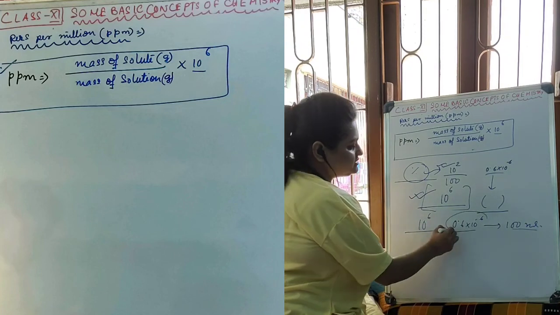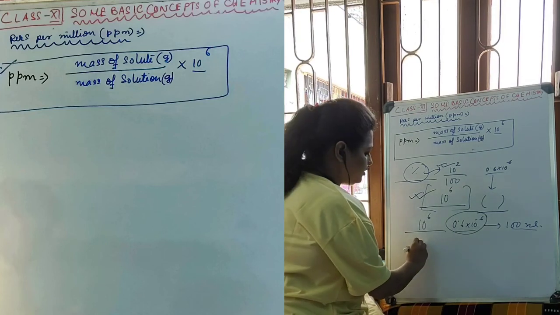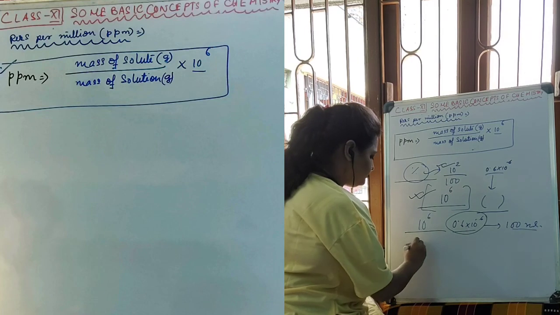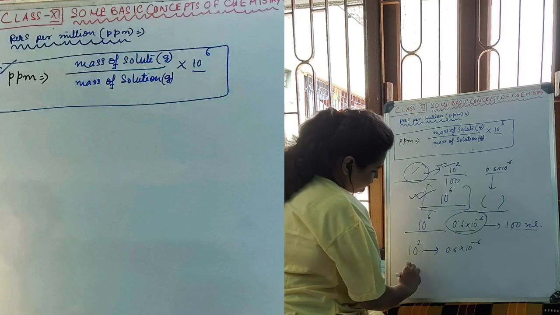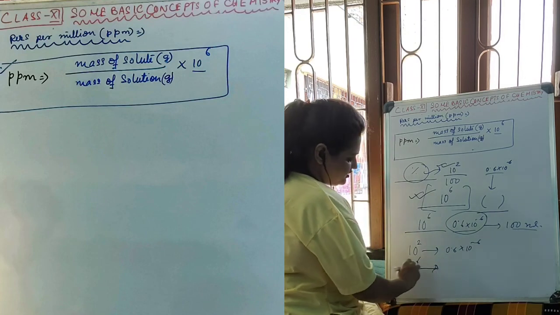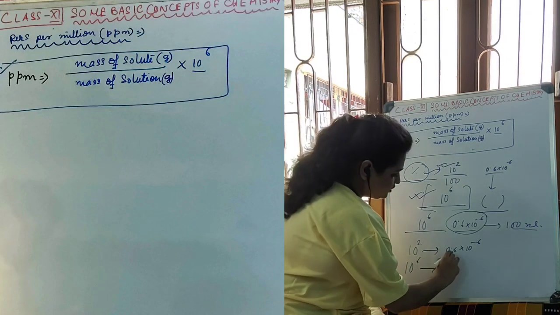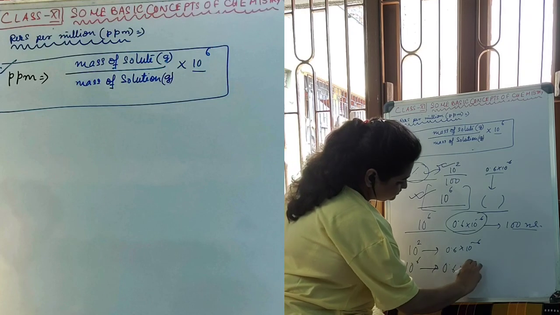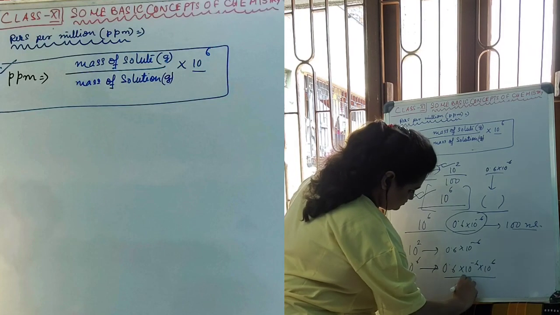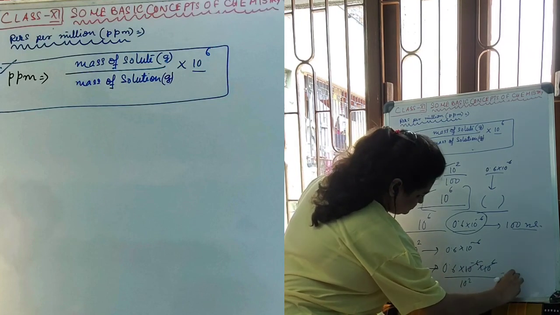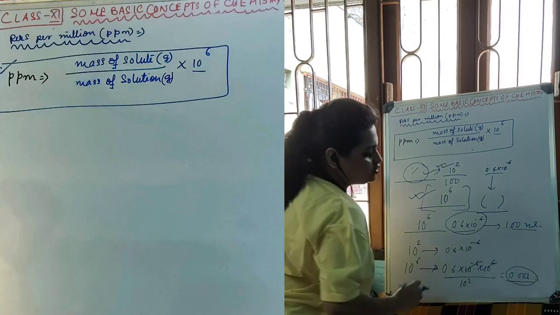This is a very complex number to do calculation with. So we try to find out, in 100 ml the amount is 0.6 that we have found out. If it was 10 to the power 6, meaning 10 lakh, 1 million, what would be the amount that we will find? This is the amount that we will find. This is a very finite amount to do calculation with.